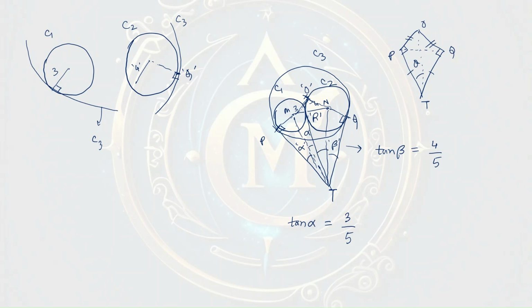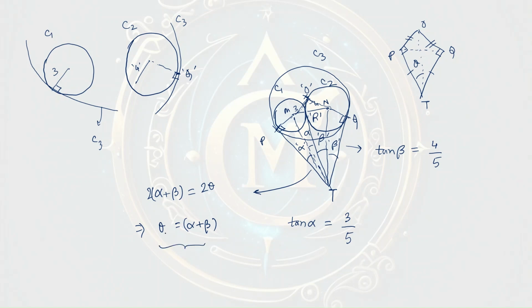Similarly, this angle will also be beta. That means we can get from this diagram that 2 into alpha plus beta is equal to the angle theta plus theta, which is 2 theta. That means theta should be equal to alpha plus beta.